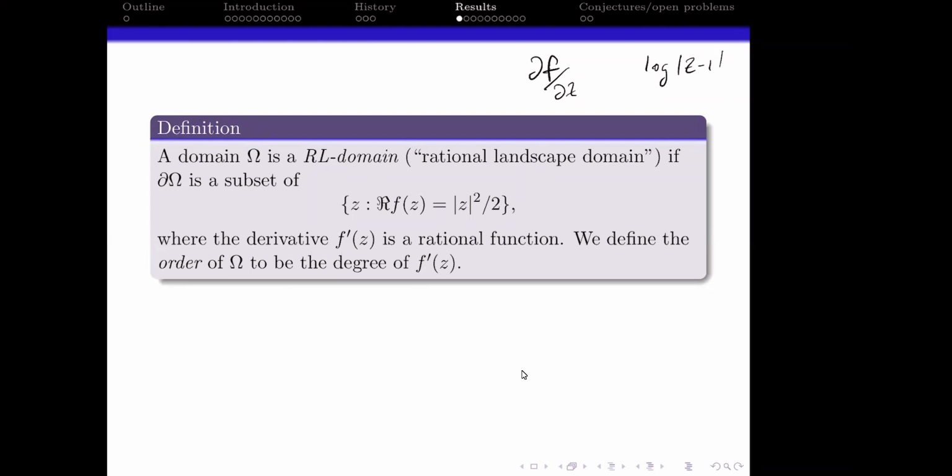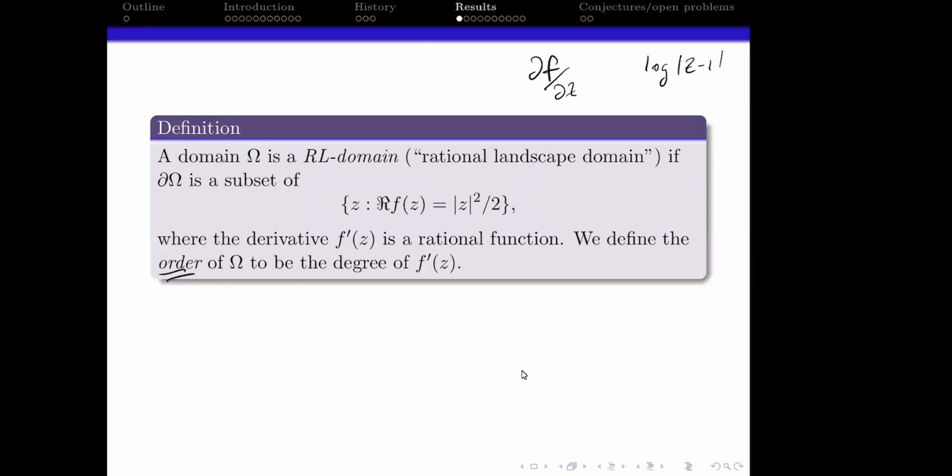The set where log mod z minus 1 equals mod z squared by 2 is, by definition, the boundary of some rational landscape domain. We call the order of such a domain the degree of the rational function. That measures to what degree you have this rational function.